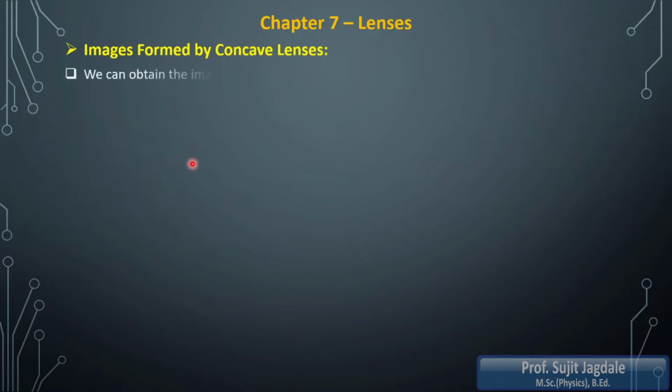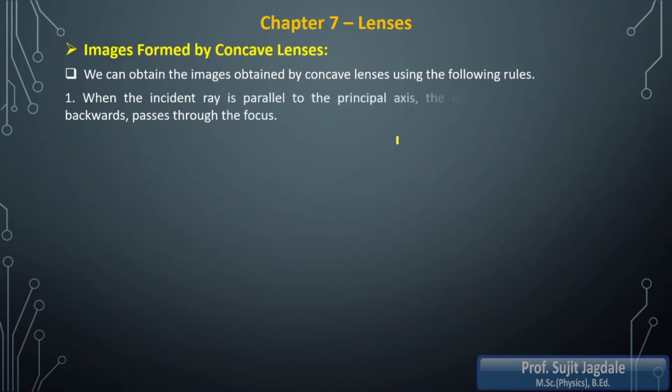We have to consider some rules also, like we did for the convex lenses. We can obtain the images by a concave lens using the following rules. So what are the rules? First, when the incident ray is parallel to the principal axis, the refracted ray, when extended backwards, passes through the focus.